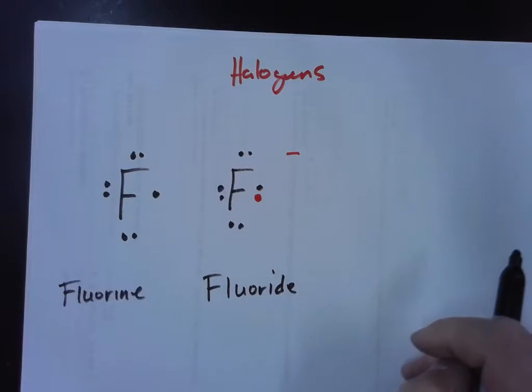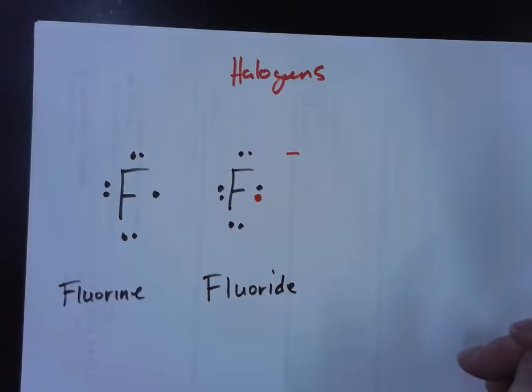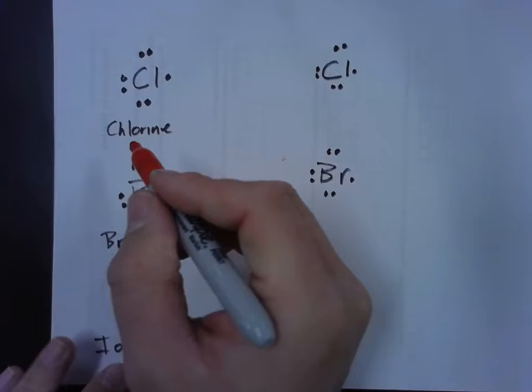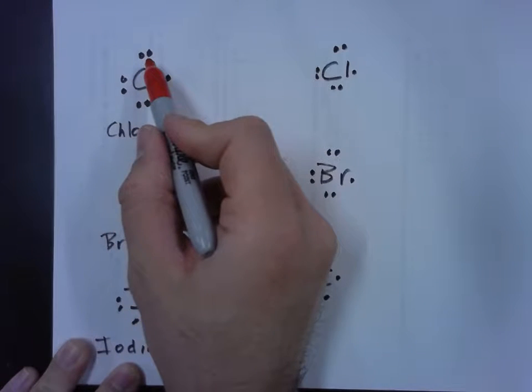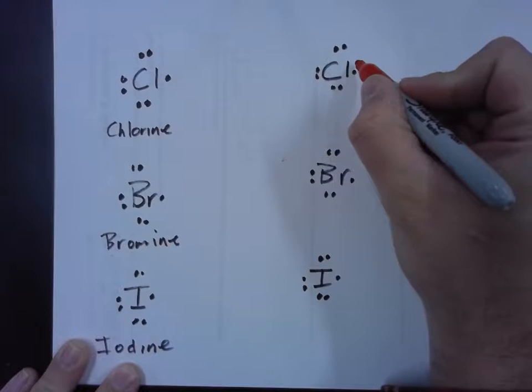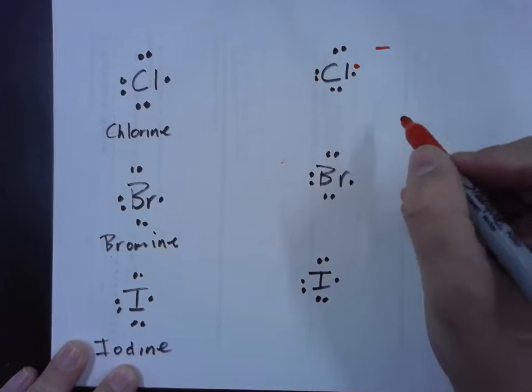I'll draw them out right now, and then we can look at them. Okay, here's the rest of the halogens. Chlorine with 7 valence electrons: 2, 4, 6, and 7. If it picks up another valence electron, it gets a charge, and we call it chloride.